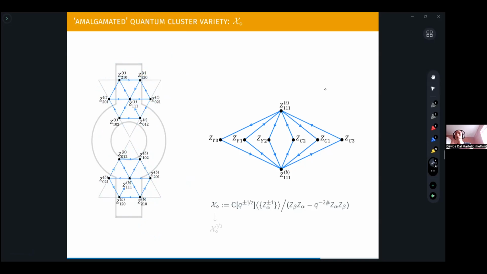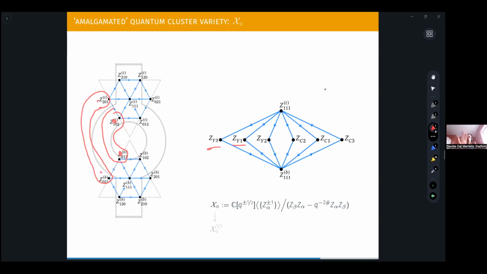Now, the process of gluing together variables is called amalgamation. And it requires you to multiply the variables that find themselves in the same position when I glue together. So this variable here and this variable here have to be multiplied together, being relabeled into a new variable that in this case is this zy1, and these two form this zy3.